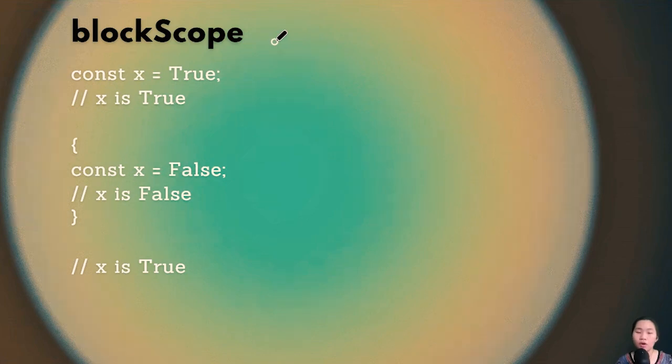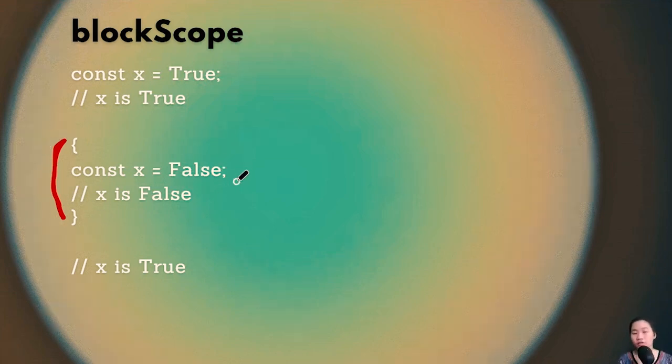Let's talk more about block scope. Block scope is going to be very important. Const x equals true, x becomes true naturally. We declare a variable, and then we assign a value. Now, incoming curly brackets, we've created a block scope. Const x equals false. Within the scope, x is false.